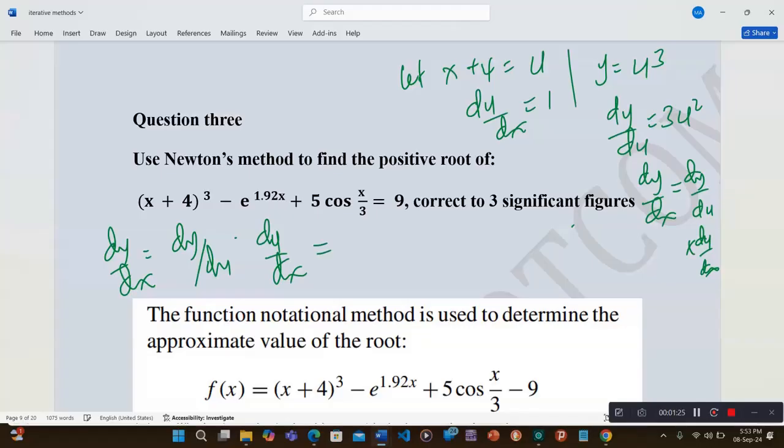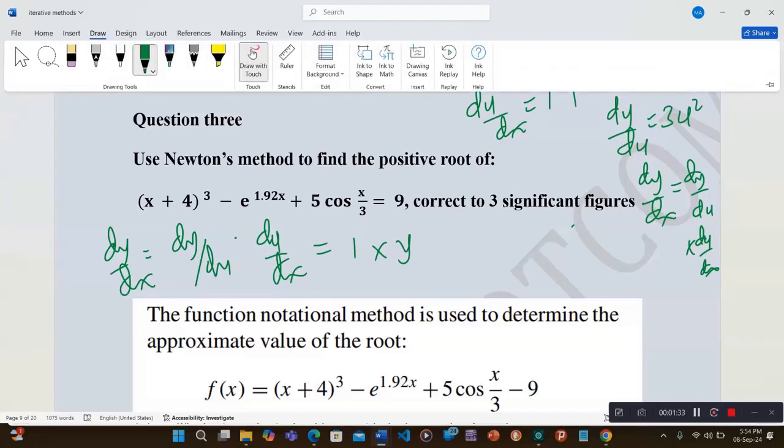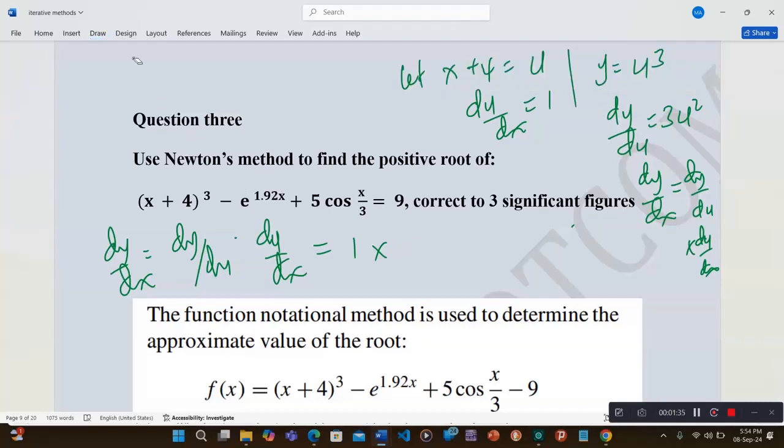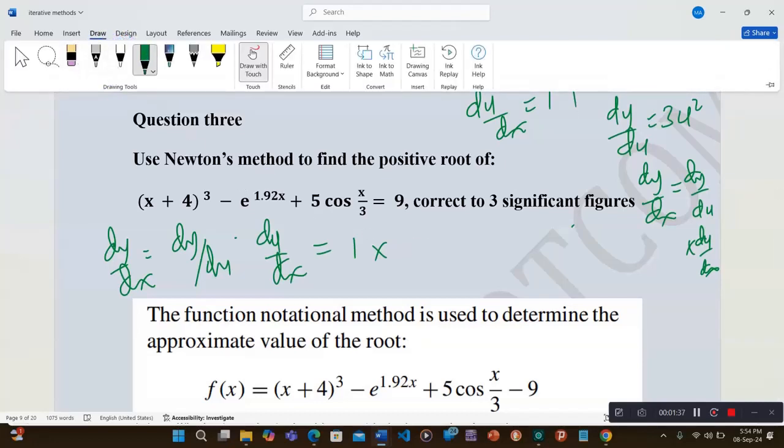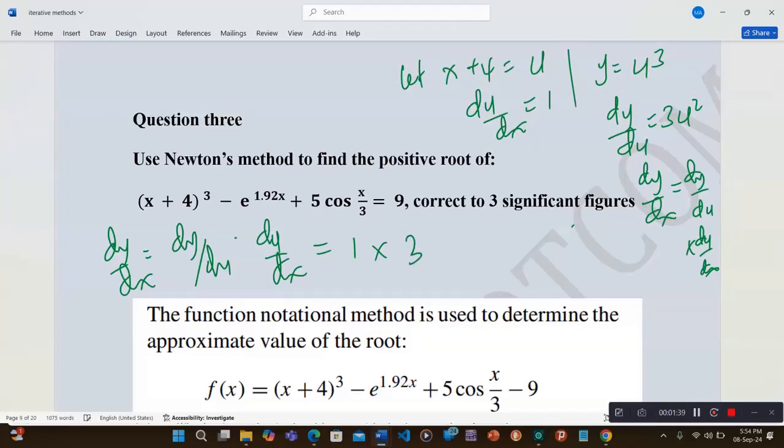So I have those values. 1 is 1. I multiply by 3 times u. But u is x plus 4, squared.